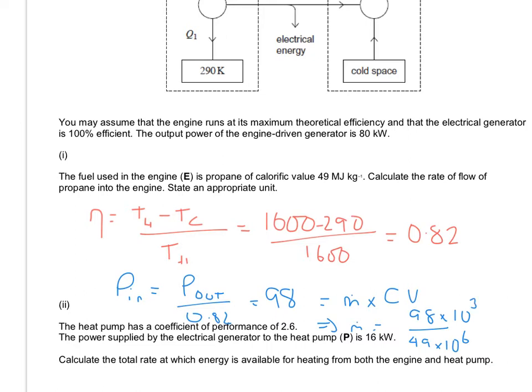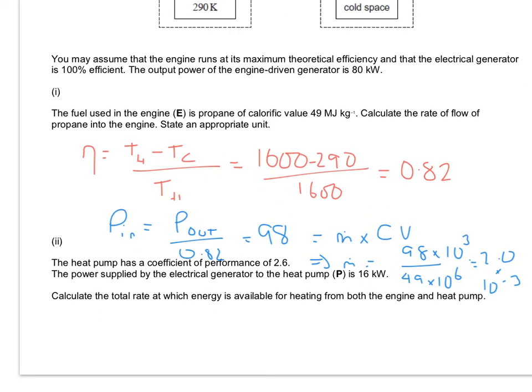And then if you put all those in, you get essentially 2.0 times 10 to the minus 3. Should have given myself more space. And then remembering your unit, it's a mass flow rate, so it's going to be in kilograms per second. Okay, cool. So that's that question there.